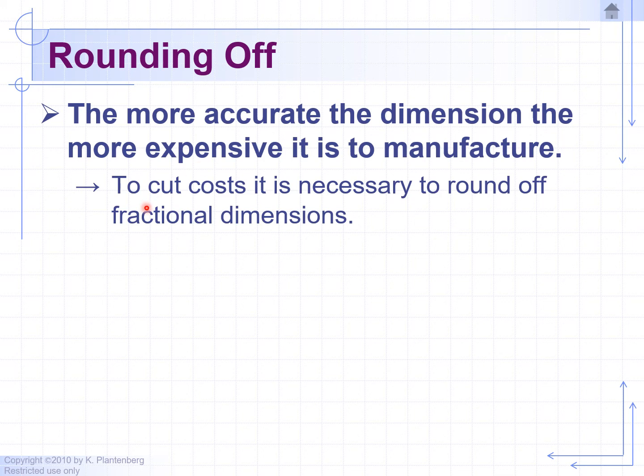So it'll drive the cost up. The more decimal places, the more expensive. To cut costs, it is necessary to round off fractional dimensions. And once again, the less decimal places, the cheaper the part will be. Only use accuracy, more decimal places, when needed.